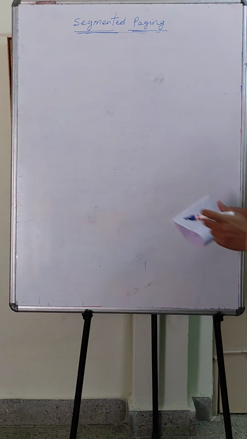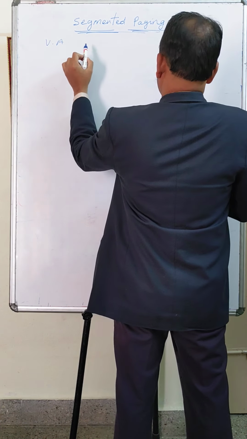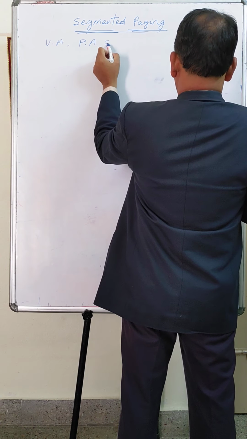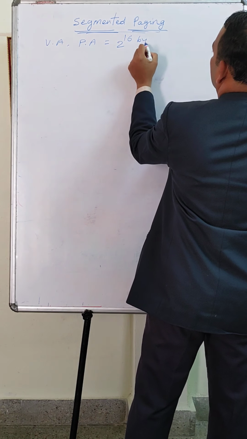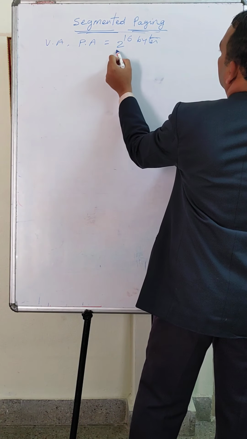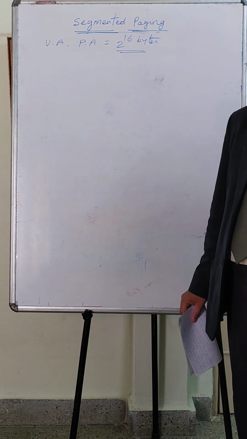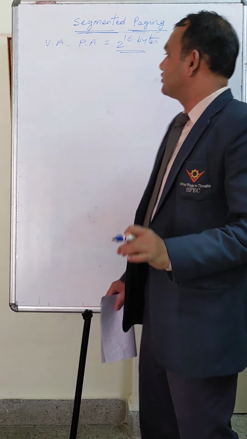Virtual address and physical address are 2 power 16 bytes. The virtual address space and physical address space are given as 2 power 16 bytes.